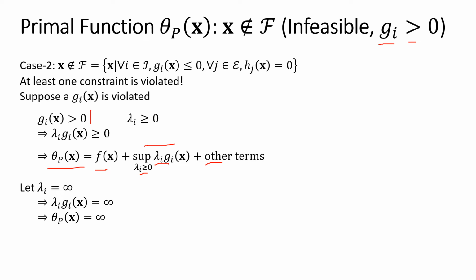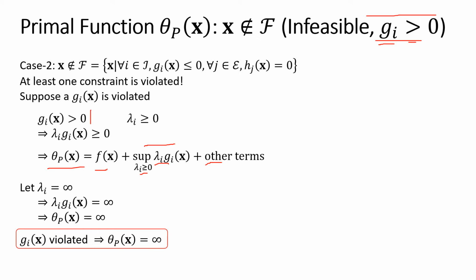Therefore, theta p of x is equal to infinity. So when x is infeasible and a gi of x is violated, then theta p of x is equal to infinity. And that's part of case 2 of our proof.